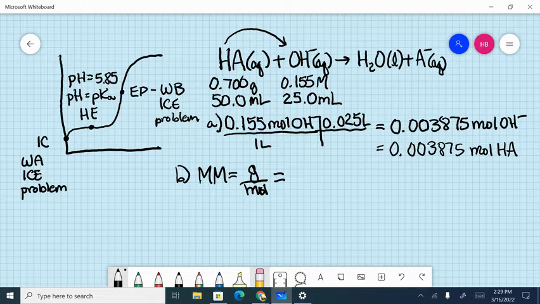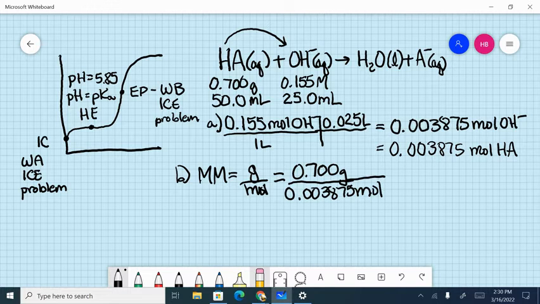Well, we just calculated the number of moles, and we were given the number of grams, 0.700 grams in 0.003875 moles. So my answer to the molar mass is 180.65 grams per mole.